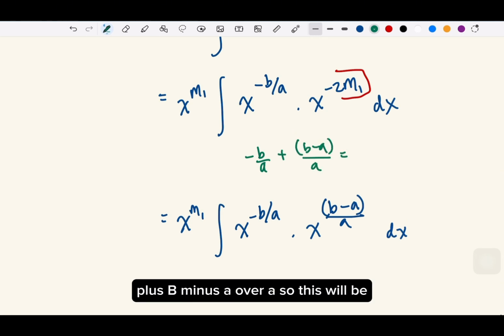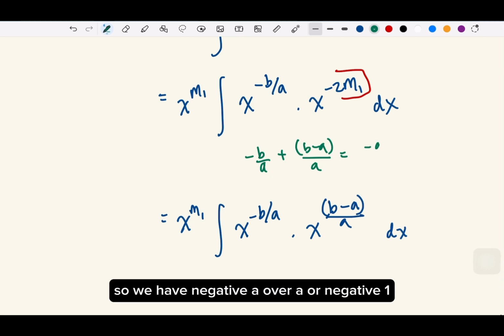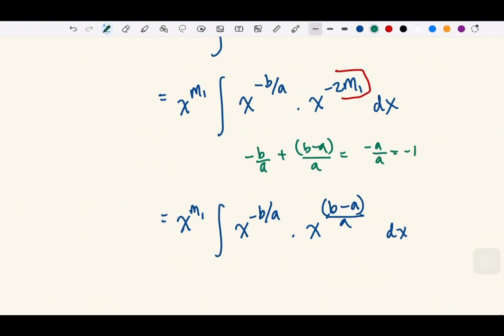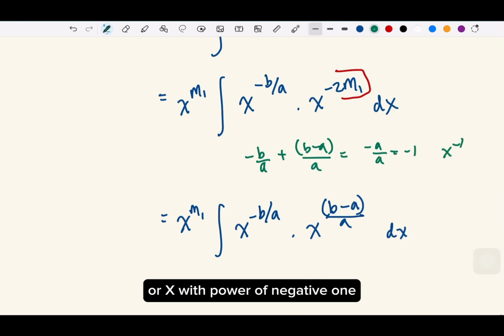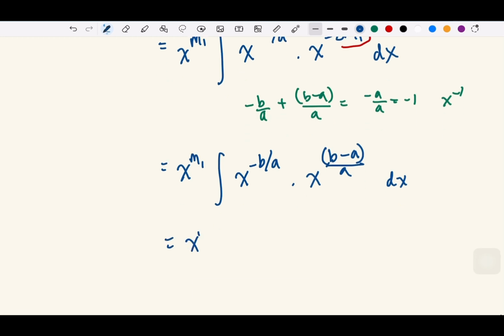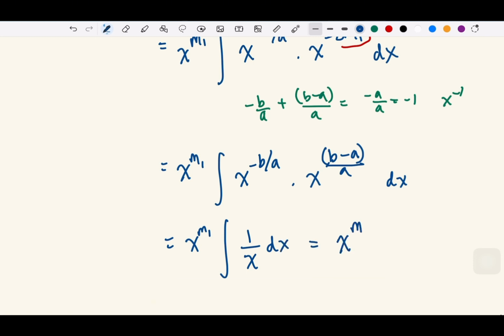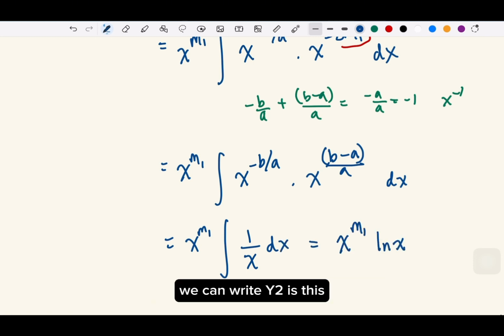The b is cancelled. So we have negative a over a, or negative 1, so x to the power of negative 1. Finally, we get that this will be 1 over x dx. Or we can write y2 as this.